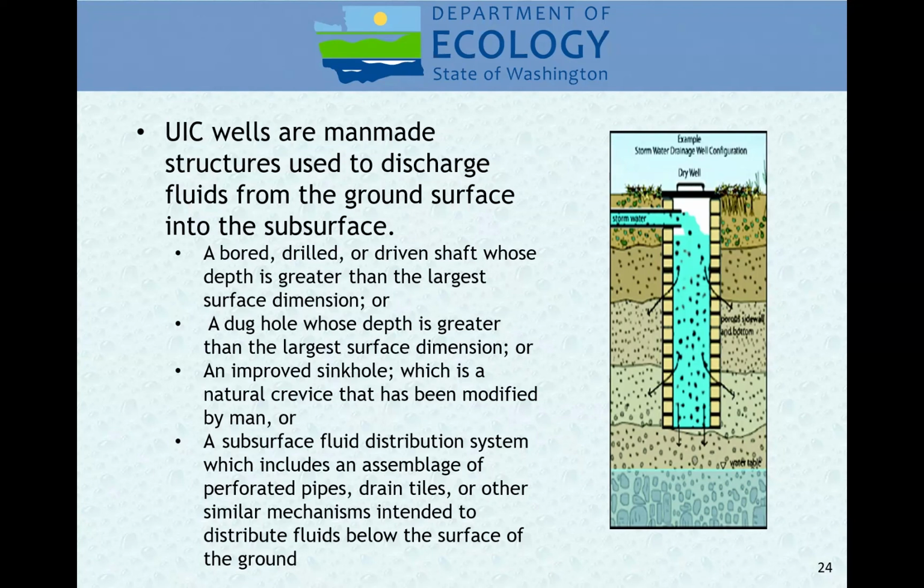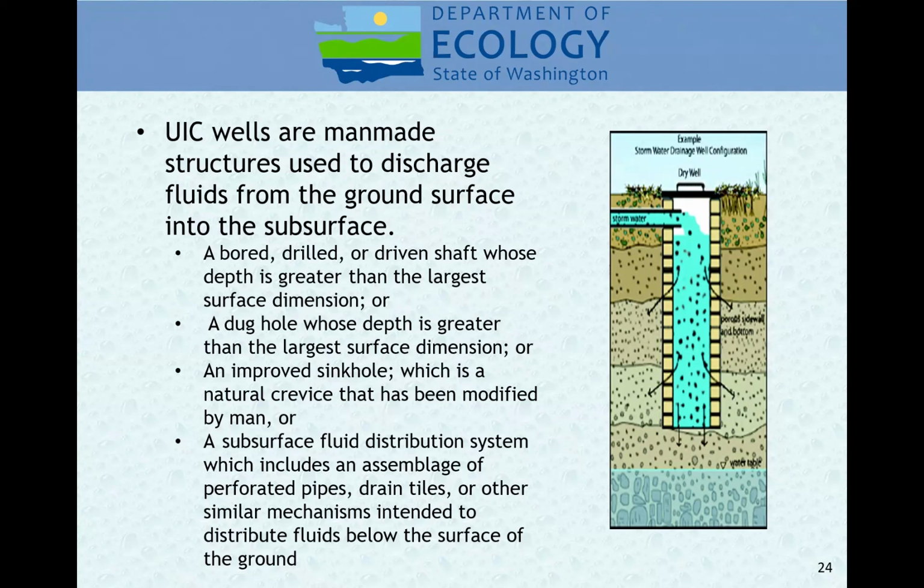So if you have a 2x2 catch basin that's 4 feet deep and it doesn't have a bottom to it, that's a UIC because it's 4 feet deep and the largest surface dimension is 2 feet.